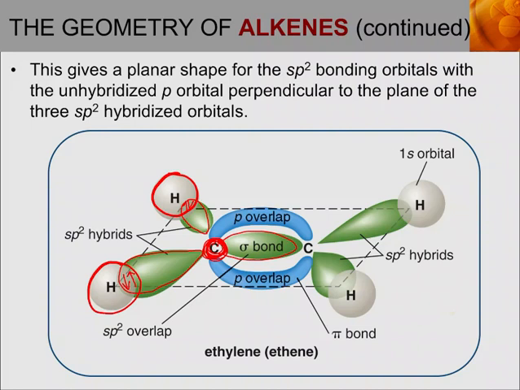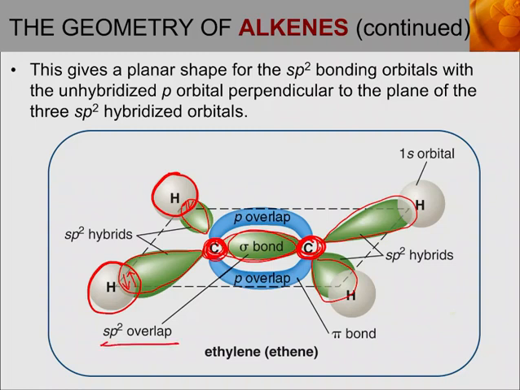Now let's say the last sp2 hybrid orbital ends up bonding with another carbon, which has its own set of sp2 hybrid orbitals. So in the middle there, between the two carbons, we get a single bond between those sp2 hybrid orbitals.